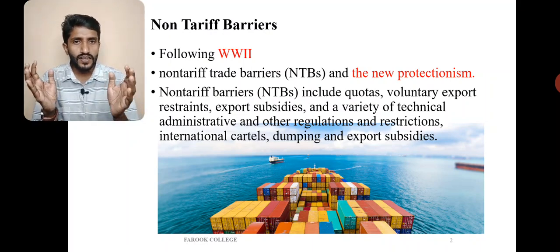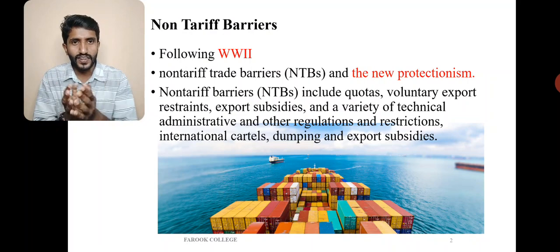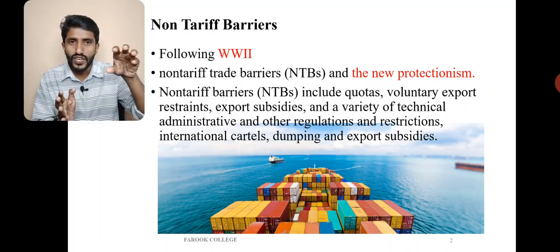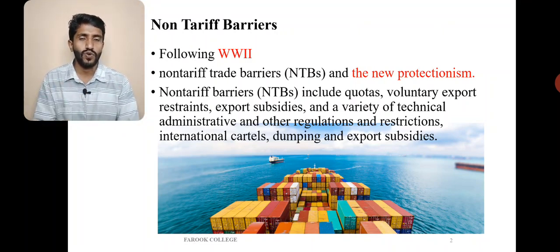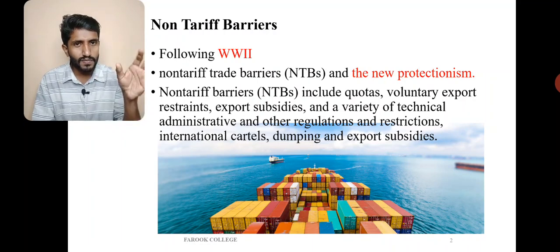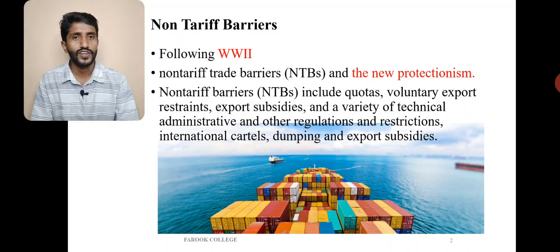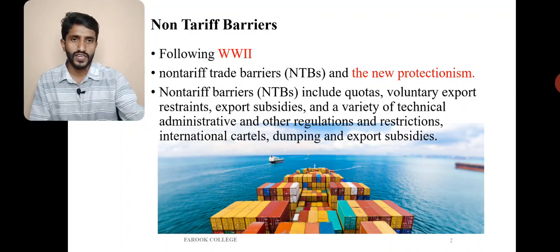So these are the different kinds of trade restrictions. So the countries started adopting any of these measures, especially after the Second World War. All these measures are known as non-tariff trade barriers or new protectionism.